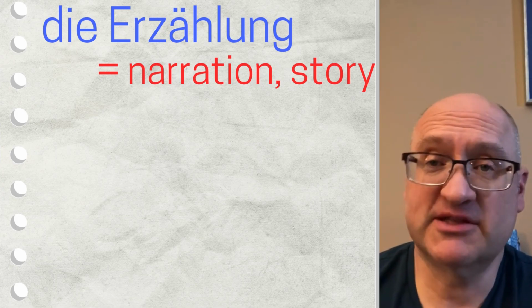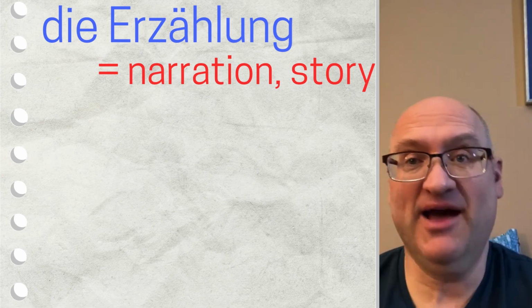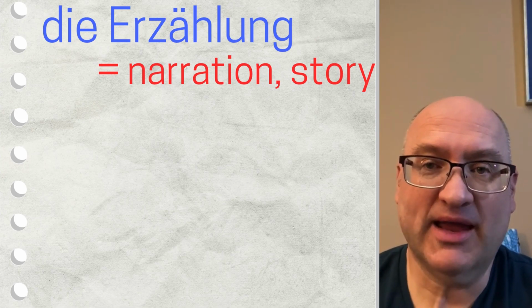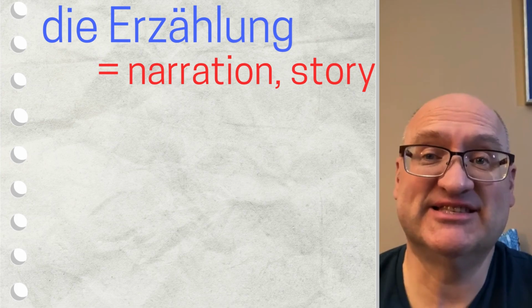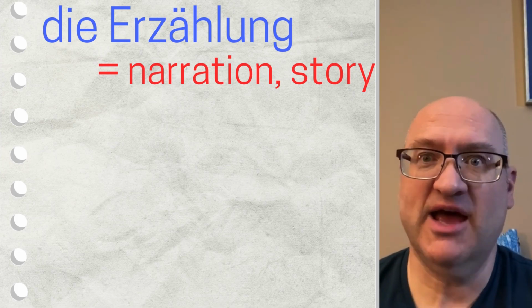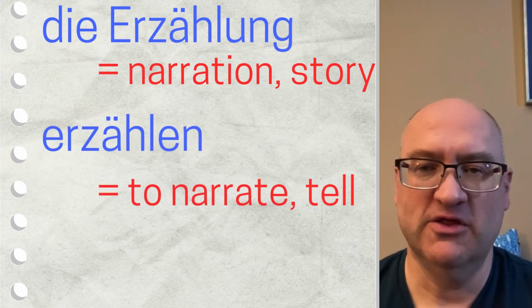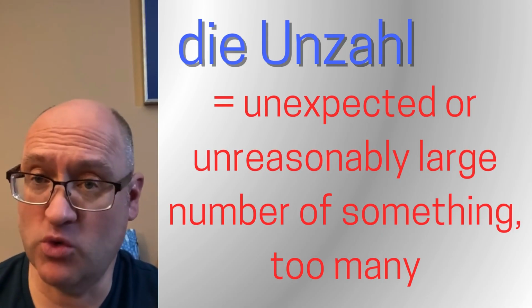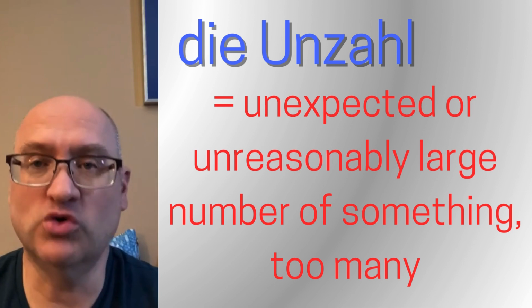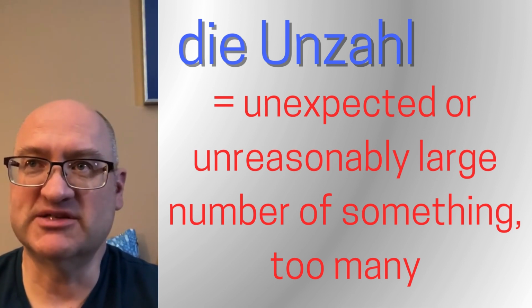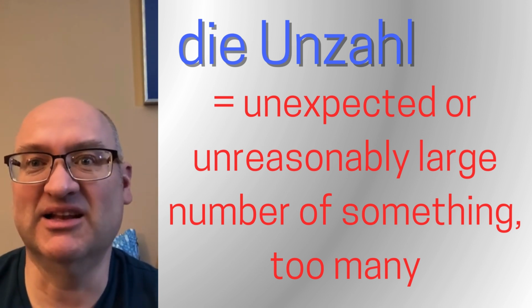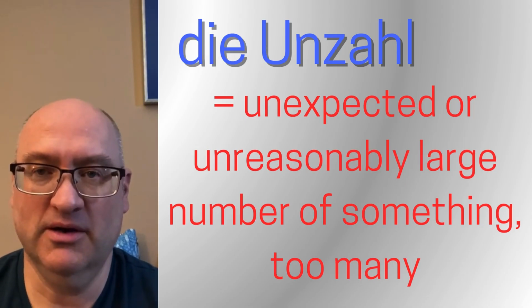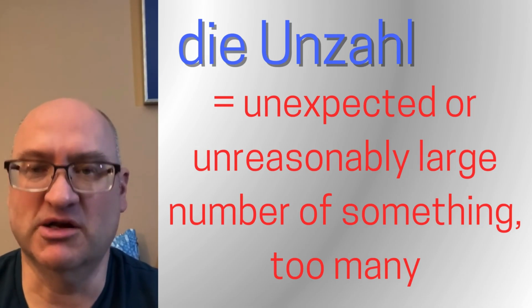With the prefix er, I have Erzählung, die Erzählung, which means a narration or a story. The verb version of that is erzählen. You may come across this word, die Unzahl. Unzahl means an unreasonably large or unexpectedly large number. A number that's just too much. Unzahl.